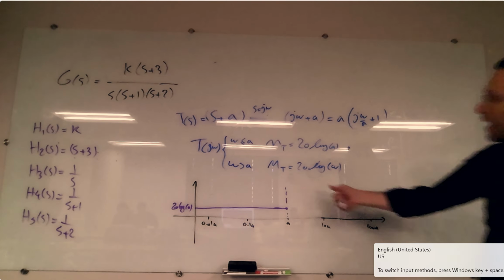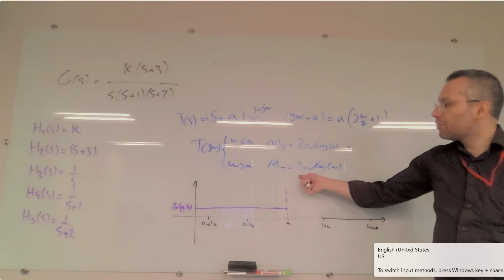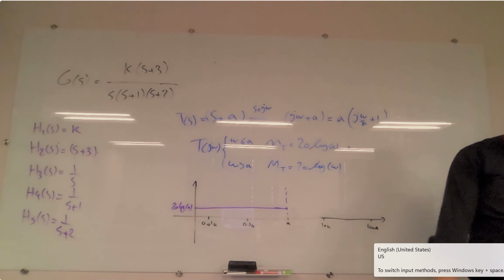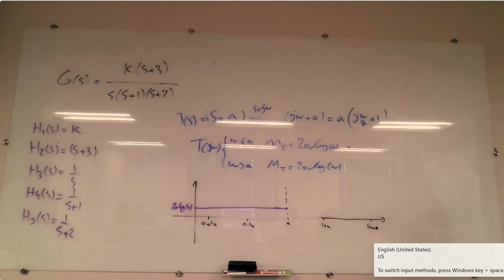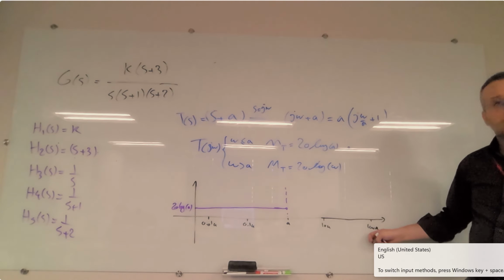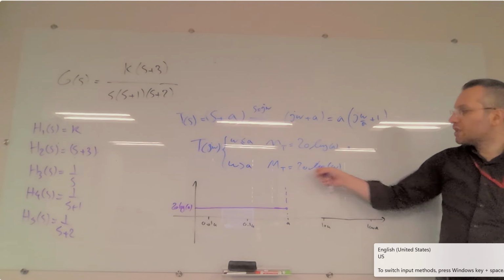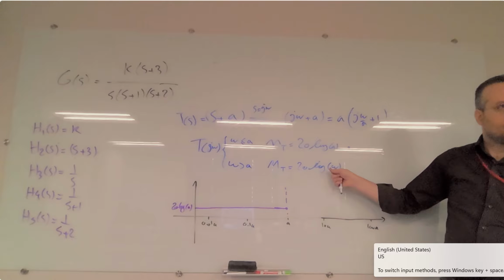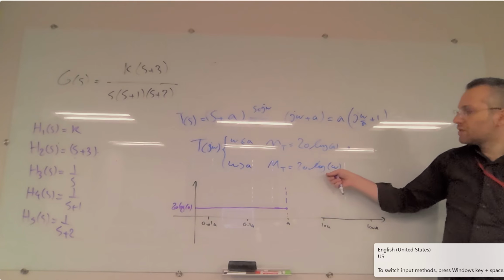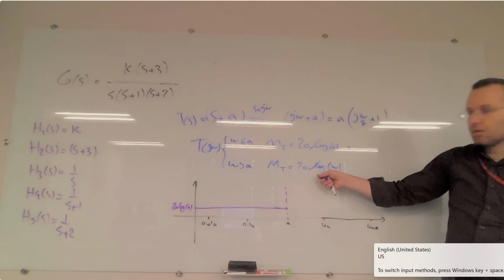Now, after that, our function becomes 20 log of omega. You can easily see that if you show your omega in decades, if omega changes by a decade, this simply becomes a line with a slope of 20 dB per decade.